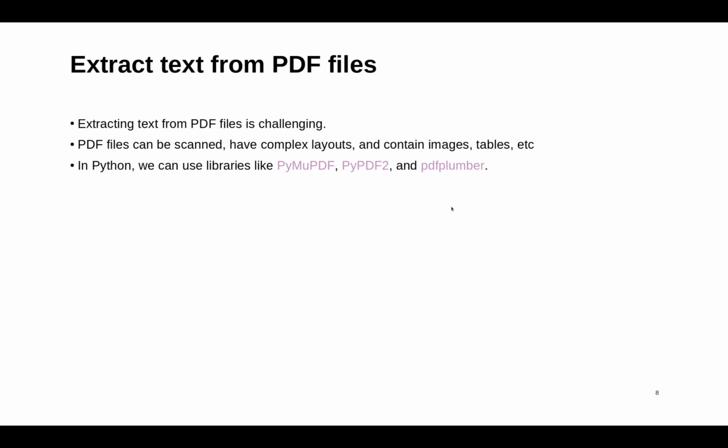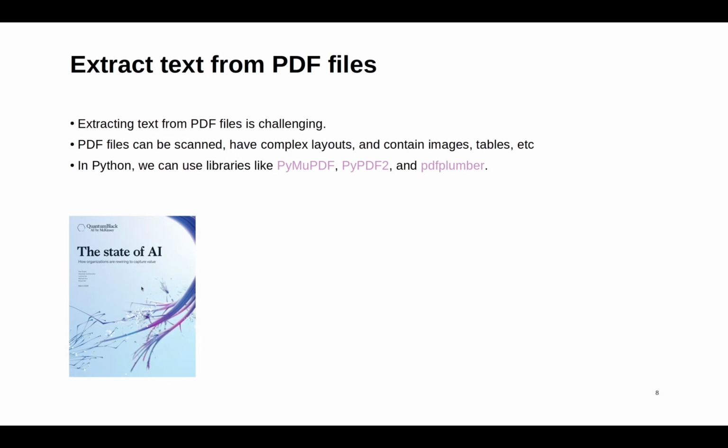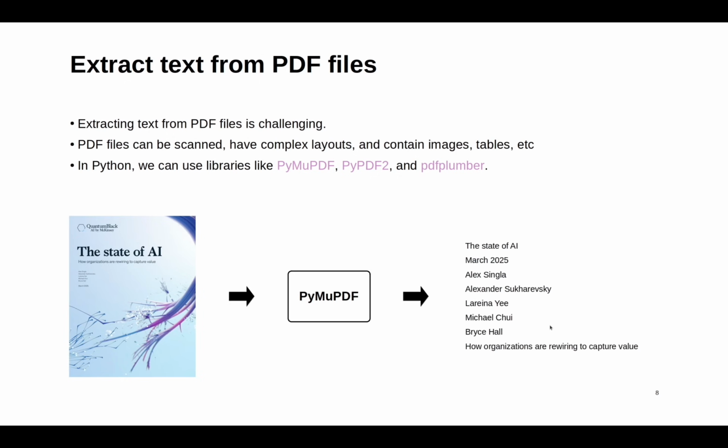In Python, there are many libraries that can extract text from PDFs, such as PyMuPDF, PyPDF, and PDF Plumber. Let's take this page that I took from a PDF file. If we give it to one of these libraries, the output will contain the selectable text on the page.